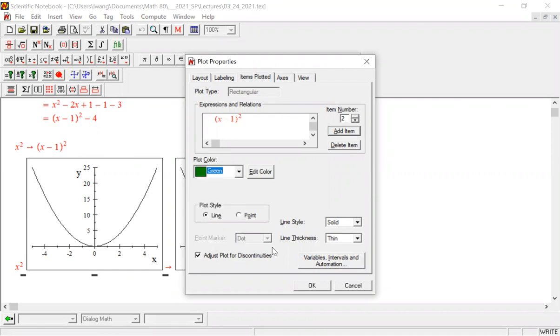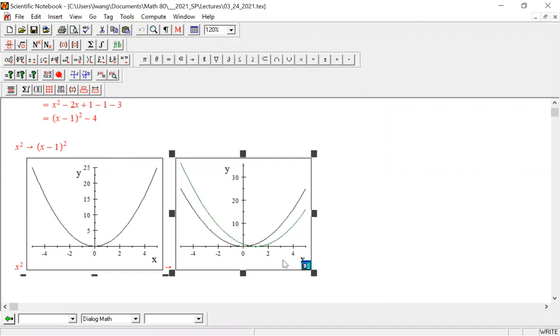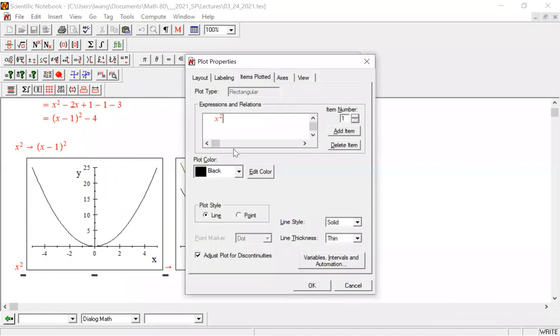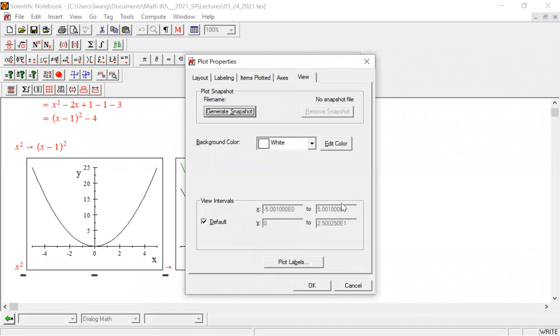Okay, let's make it green. There. It's shifted. Let me make some adjustment. Next, of course, we're going to shift one more time, which is minus 4. What would that be?